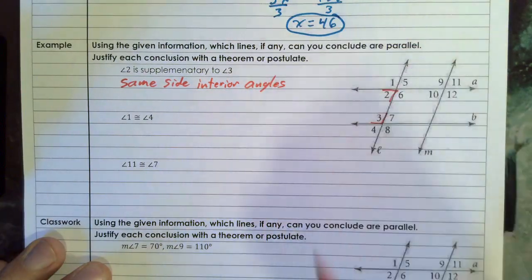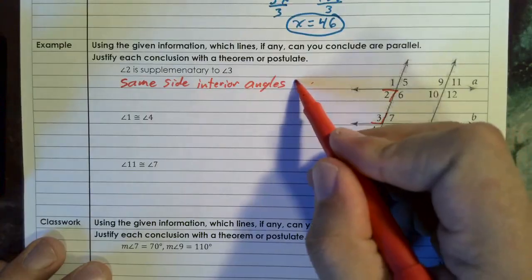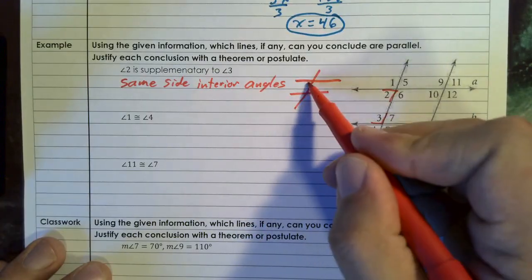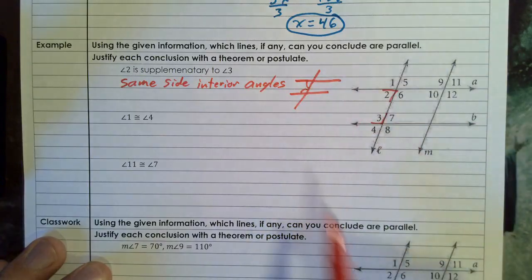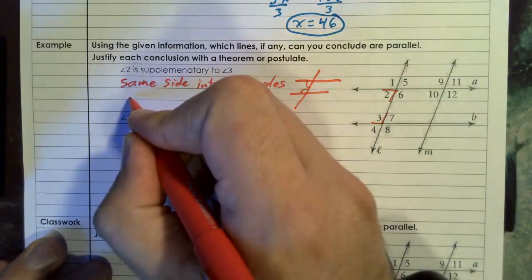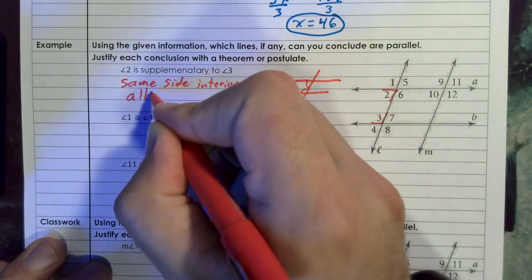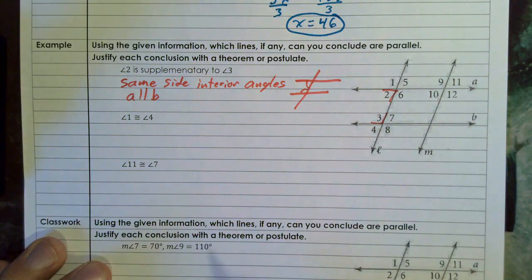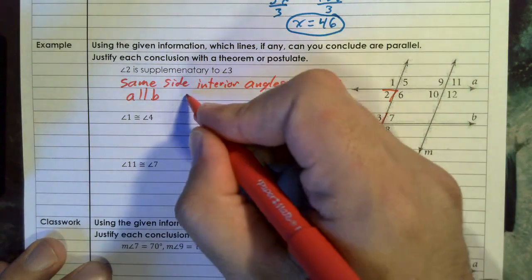So we're looking at these two angles. Same side interior angles makes A and B parallel. A is parallel to B, and that is using, let's see, same side interior is theorem 3-13, excuse me.